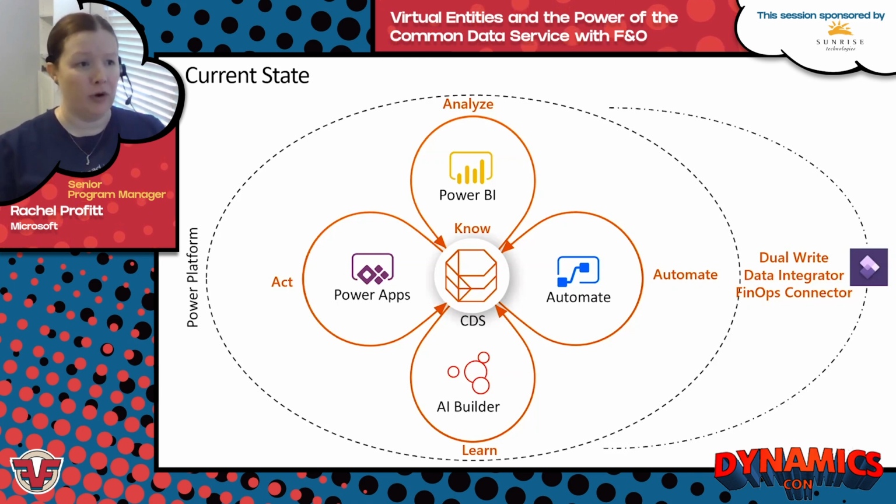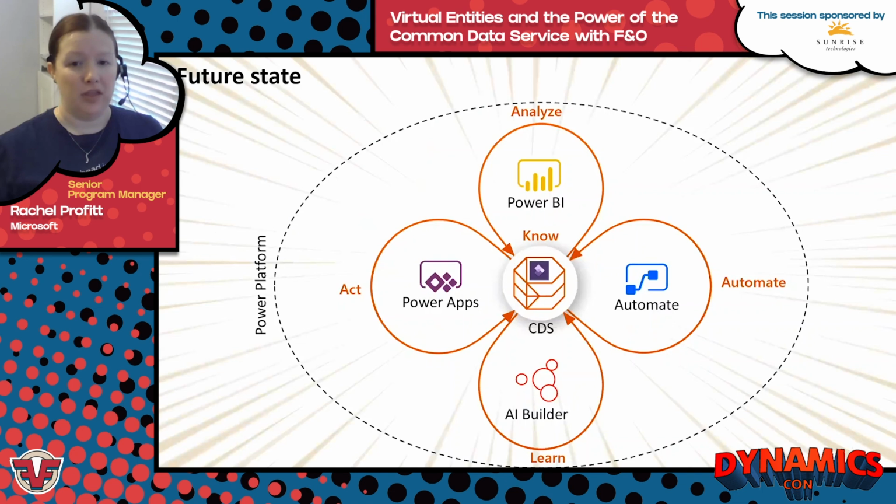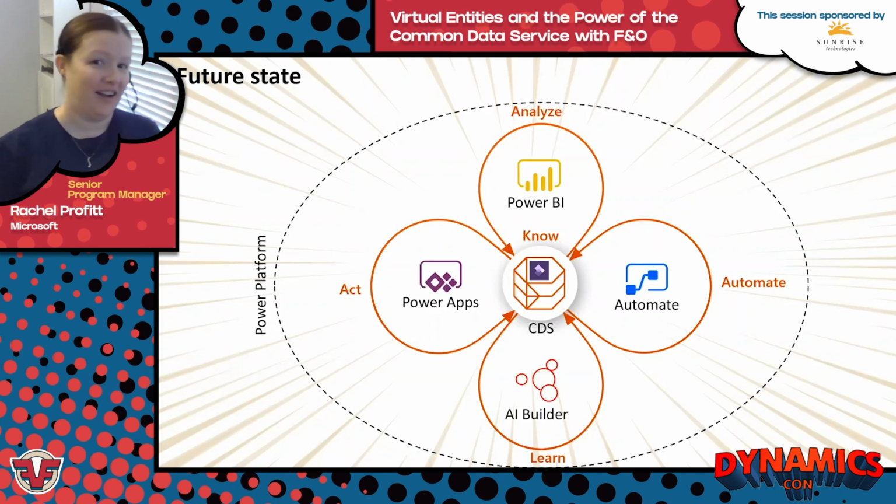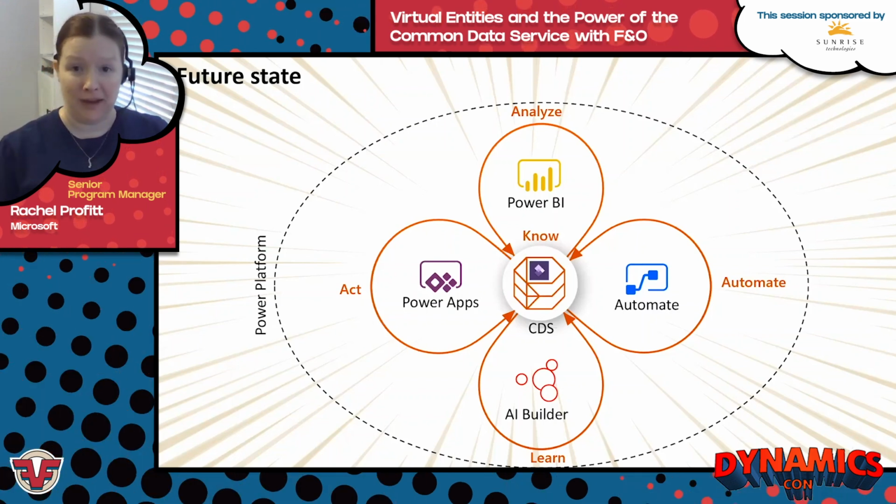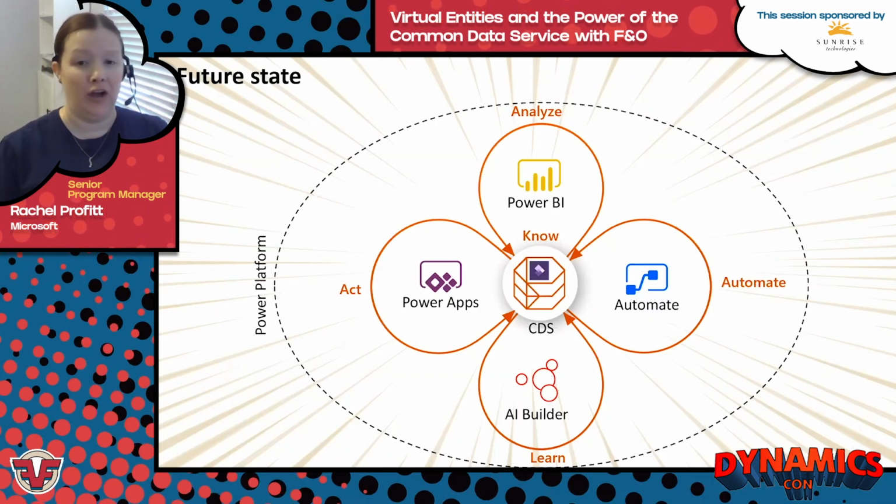But as we look forward to the future, the idea of virtual entities is that we're bringing all of your finance and operations data right inside of the common data service. With the new virtual entities, 99% of your data will now be available directly inside of the common data service. All of your public OData entities will now be available.